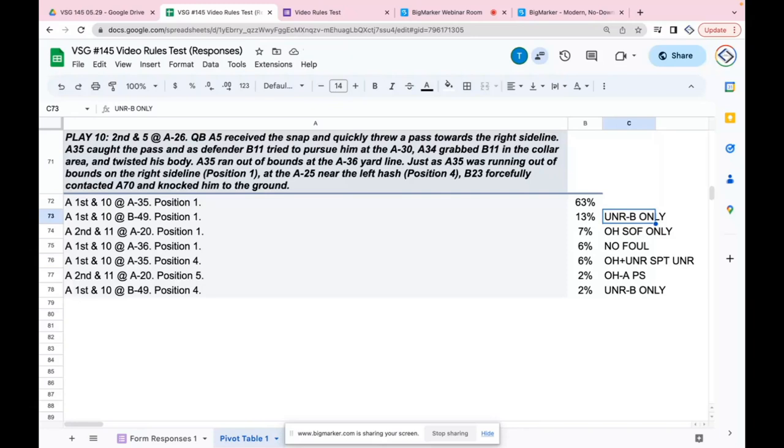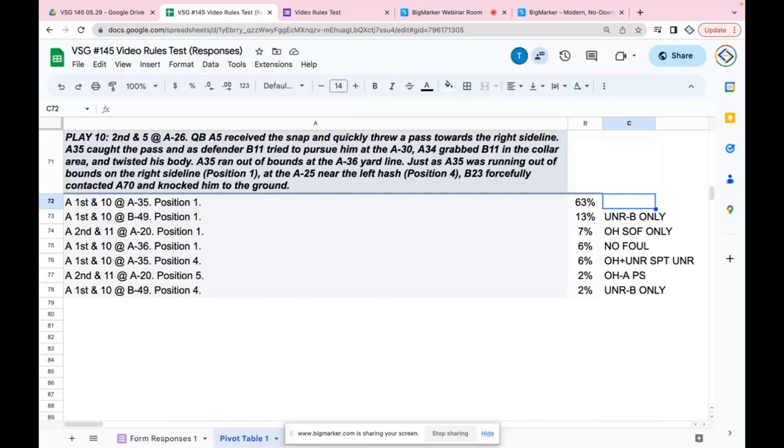The spot of B's foul, being the defense, never dictates where we're going to enforce something from, unless it's DPI inside of 15. This is 63%. That's if we have an OH and a UNR and we properly enforce it.